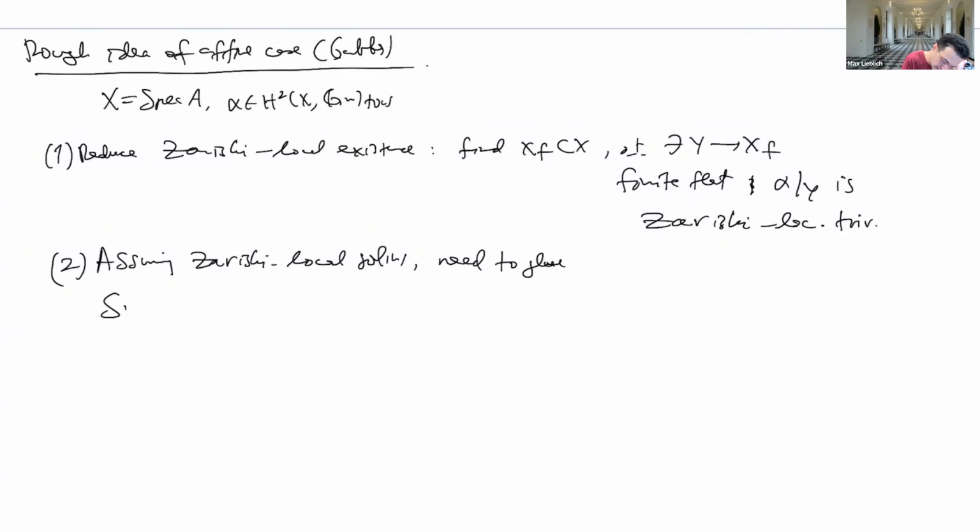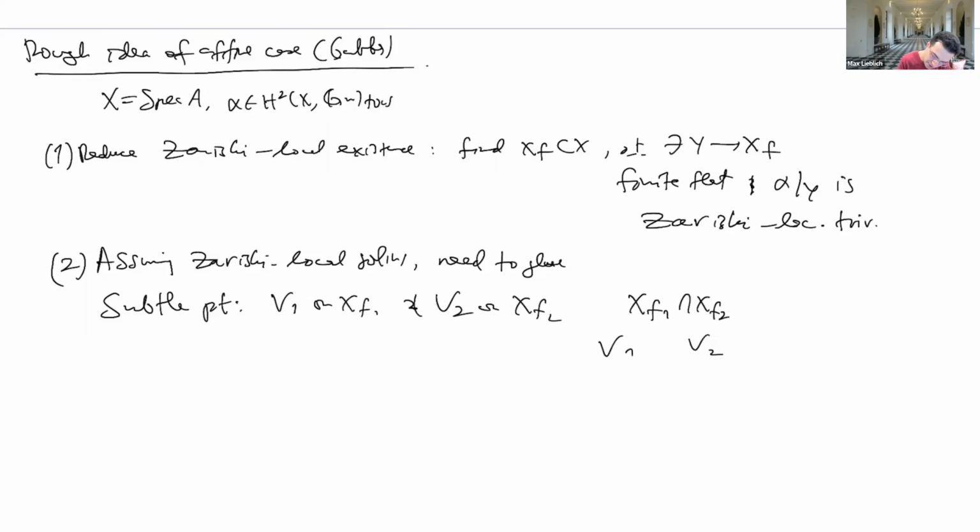And there's a subtle point, which is if we have V1 on X_f1 and V2 on X_f2, then if we think about what happens on X_f1 intersect X_f2, we've got V1 and V2, there's no reason for them to be isomorphic. So we somehow need to reconcile the differences between the two.